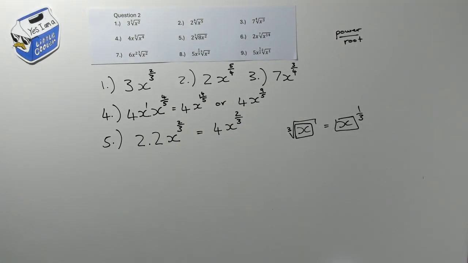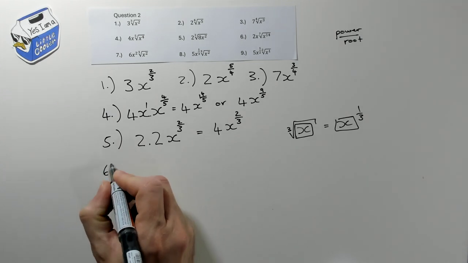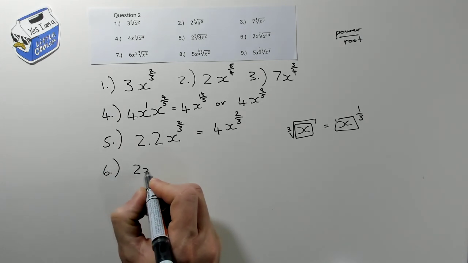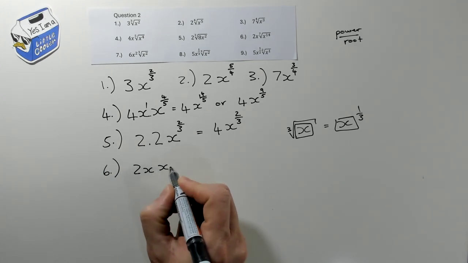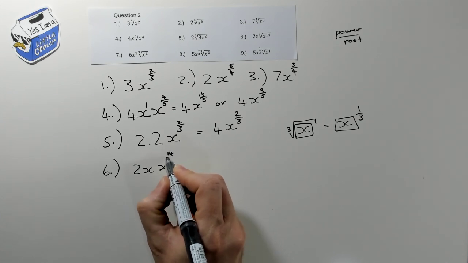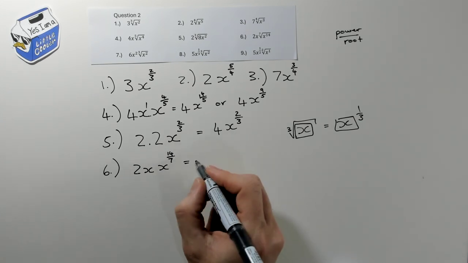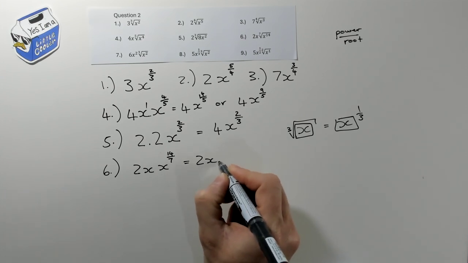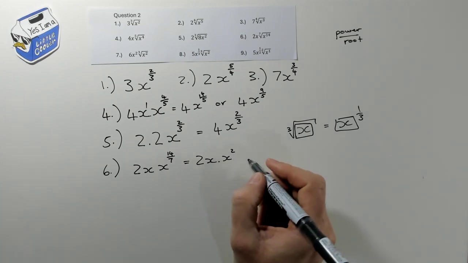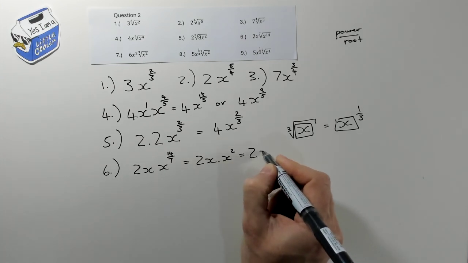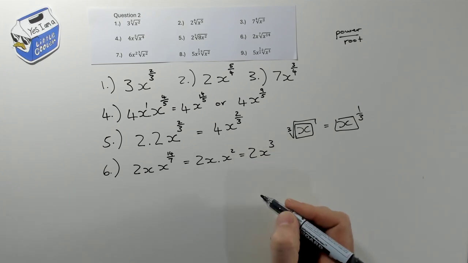Okay, and then for number 6, I have 2x, and that x is power over root, so it's 14 over 7, which can just reduce to 2. So I have x squared, and that would ultimately become 2x to the power of 3.